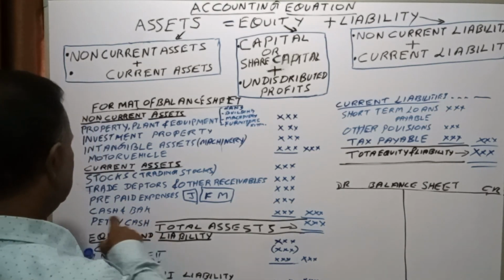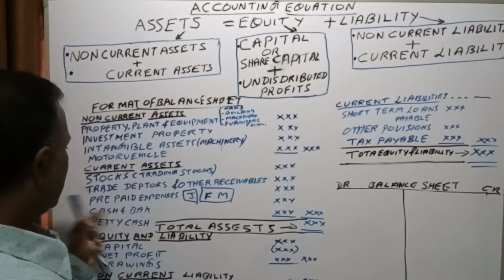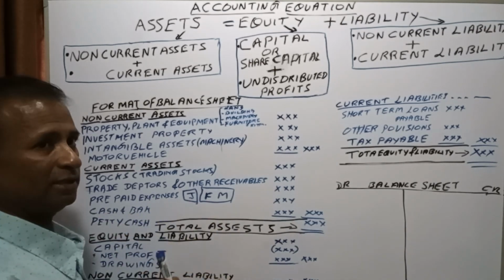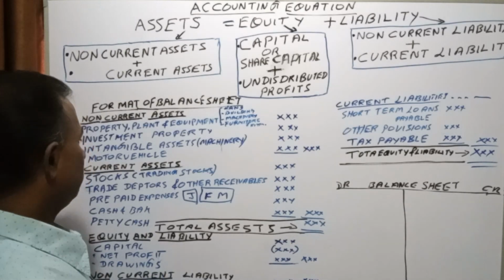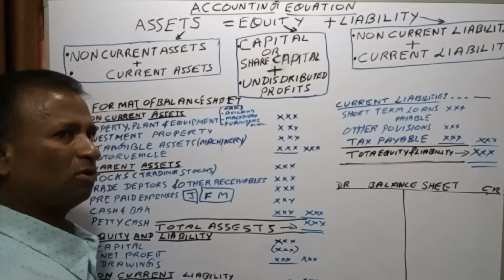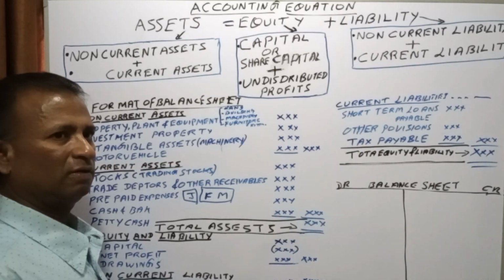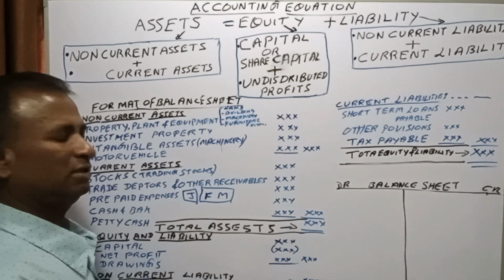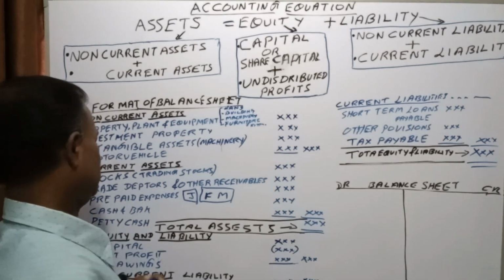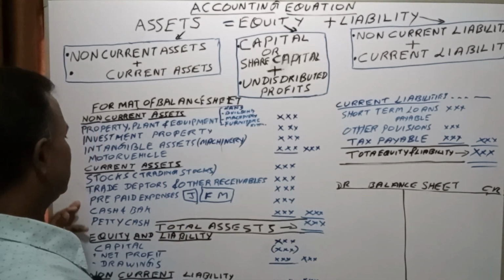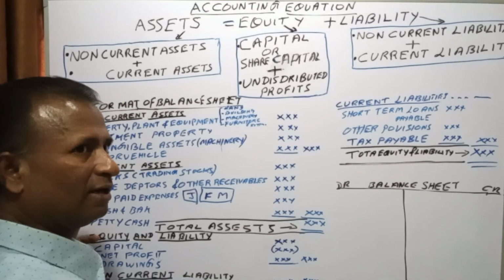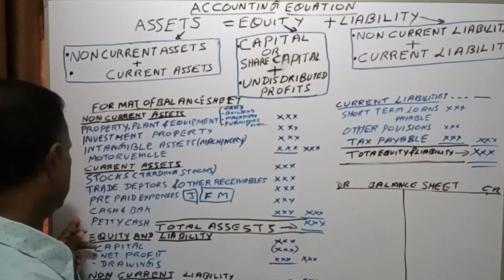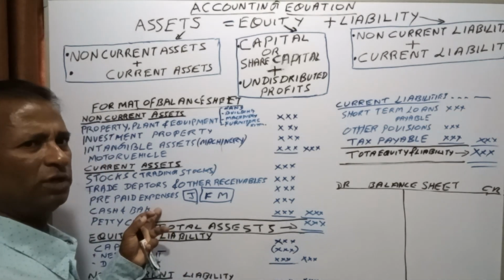The second one is cash and bank. Cash and bank is also current assets, because whatever property we can cash within 1 year, within a 12-month period, will fall under the current assets. Others will fall under the non-current assets. Cash and bank, you can withdraw it, no?